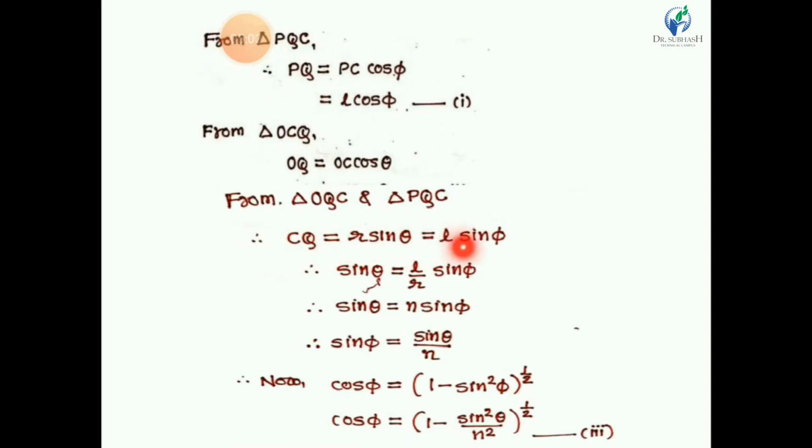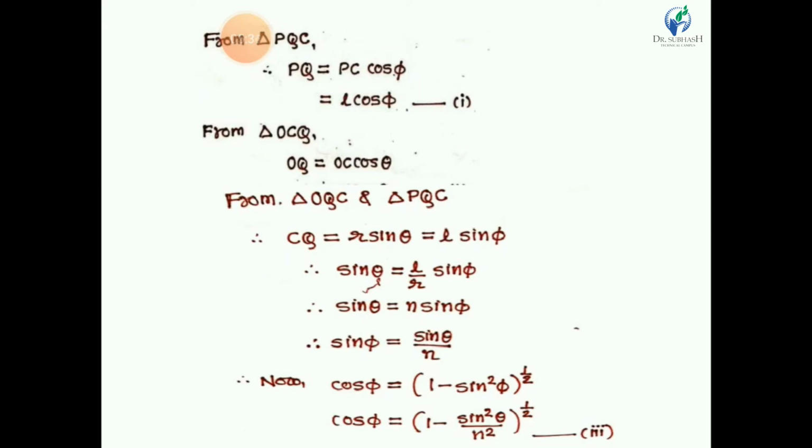So R sin theta is equal to L sin phi, which gives sin theta equal to L by R into sin phi. Now we replace L upon R by n. So sin theta is equal to n sin phi, and sin phi is equal to sin theta upon n.